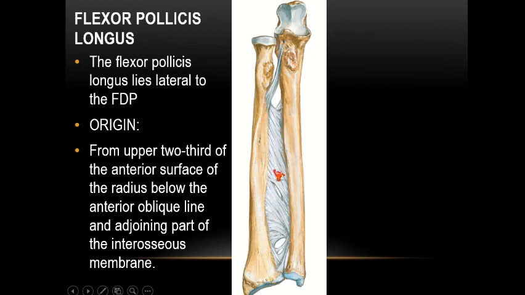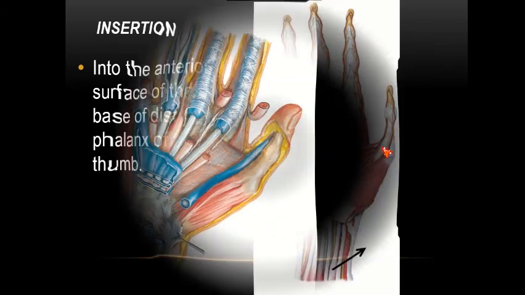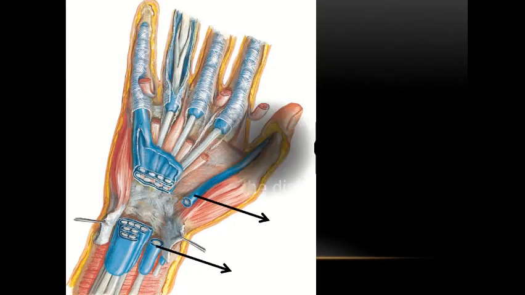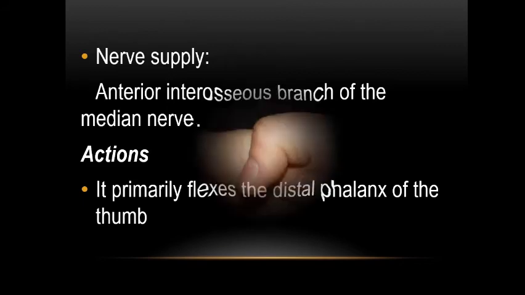Then the insertion is into the anterior surface of the base of the distal phalanx of the thumb, and there it gets inserted. Nerve supply is by anterior interosseous nerve, which in turn is a branch of median nerve, whereas the action is that it flexes the distal phalanx of the thumb.